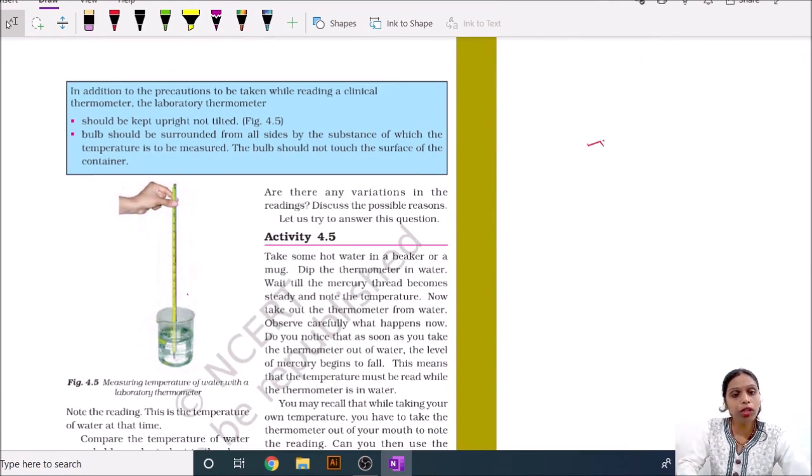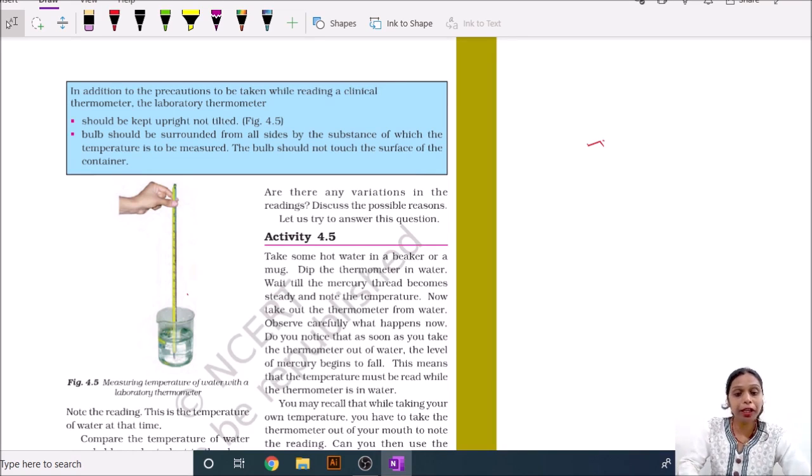Whenever you are putting the thermometer in water, be assured that it is not tilted, meaning it is not bent, and its bulb that is present on the thermometer is surrounded by the substance.